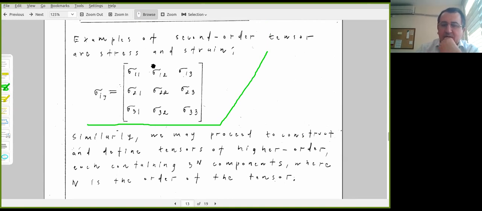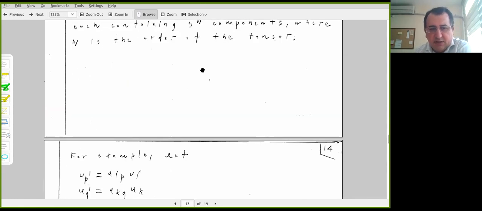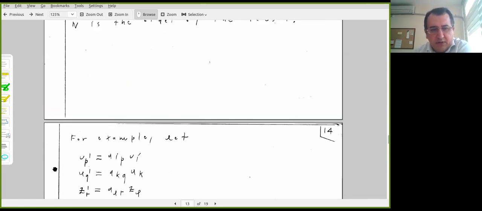Now you can proceed to construct higher order tensor transformations. This was a second order tensor. But if you multiply 3 vectors, you will get a third order tensor. The idea is the same. Now, 3 vectors are defined.